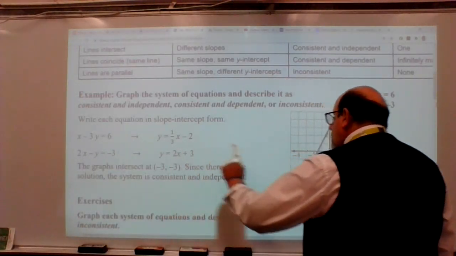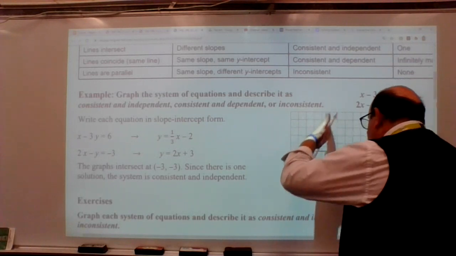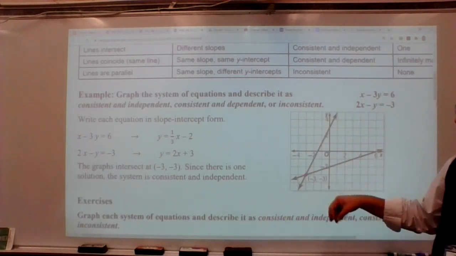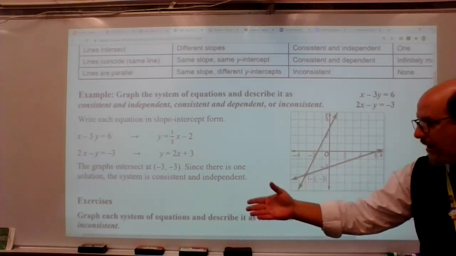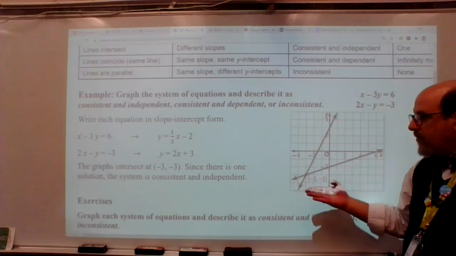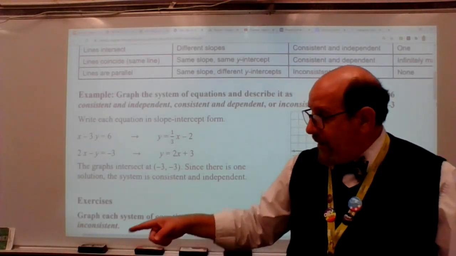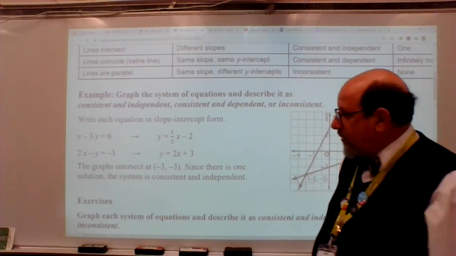This one has a steeper slope and crosses the y-axis at 3. And when you create those lines, they intersect right here at negative 3, negative 3. You would say that the solution to this system of equations is negative 3, negative 3. It is consistent, right? And independent because it only has the one solution.